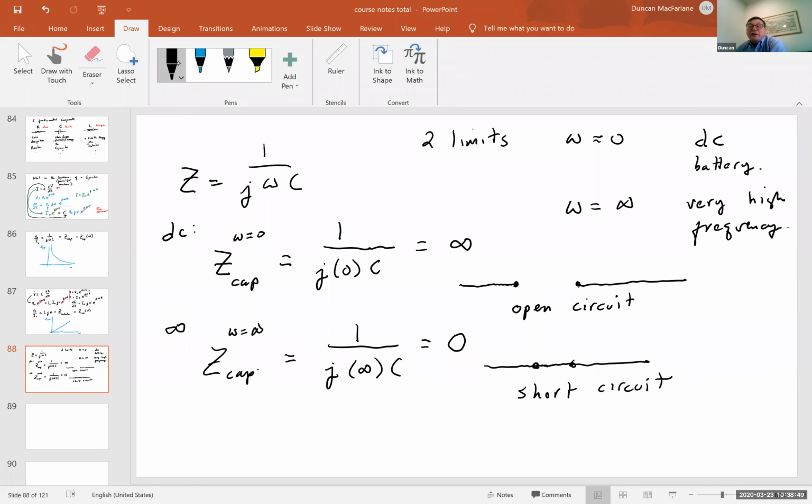So if you're looking at a circuit with a tangle of capacitors in it, you could redraw your circuit in these two limits and very, very quickly get an intuition about what the circuit is trying to do. How does it behave at DC? How does it behave at very high frequencies? Then you're really just left with a bunch of open circuits and a bunch of short circuits.